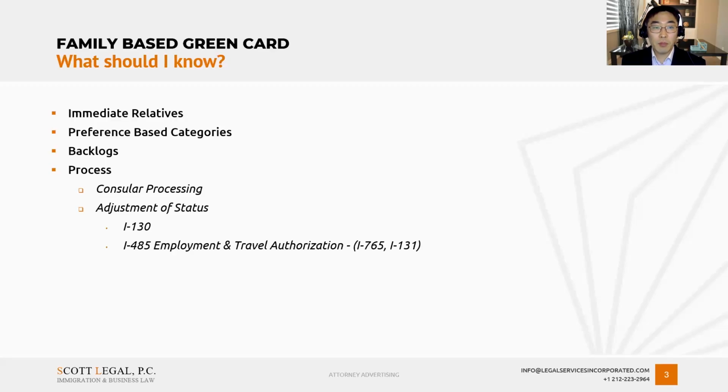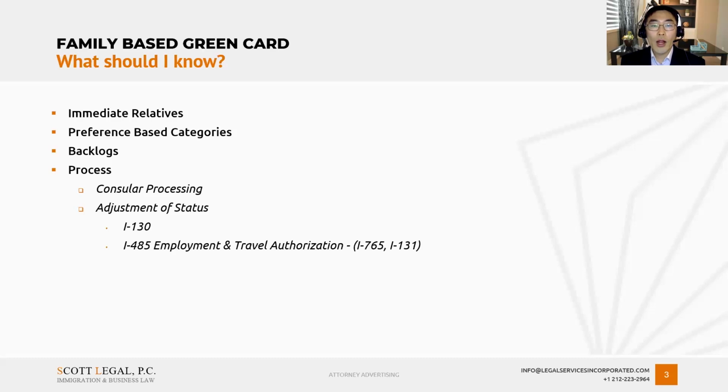A big issue about these preference-based categories is that the case processing time is governed by the Department of State's visa bulletin, which causes a lot of backlogs.